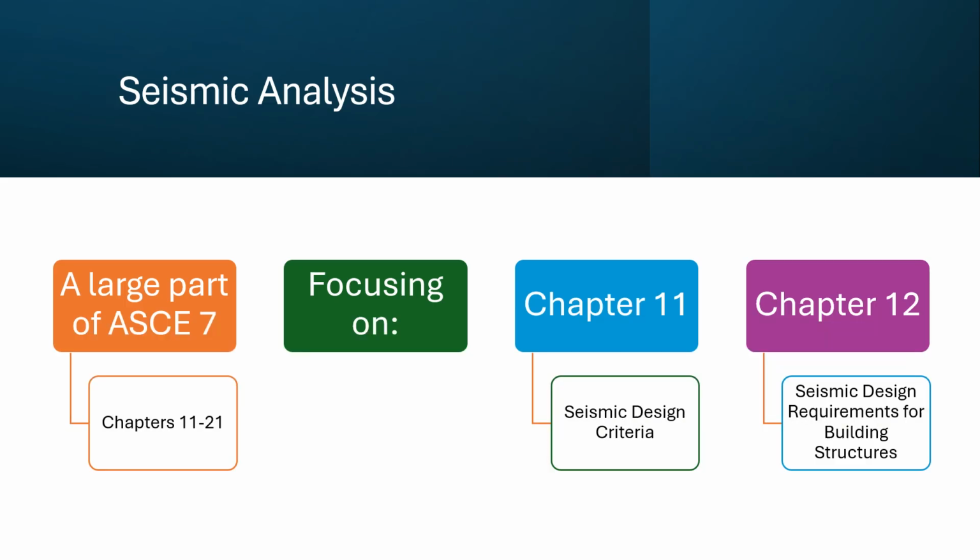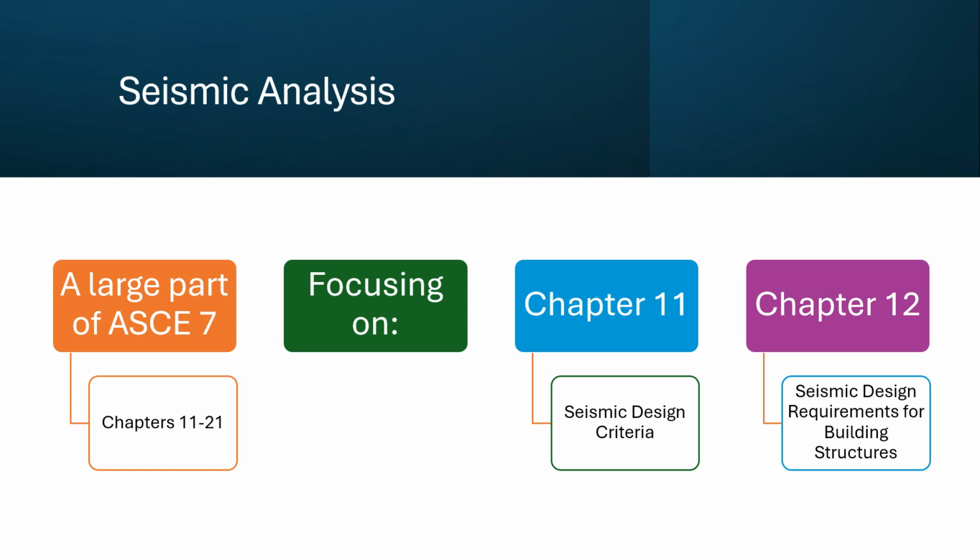So now that we've done our wind, let's move to the seismic analysis. And this is a very, very large part of ASCE 7. While you can piece it together, there are chapters 11 through 21 of ASCE 7 outlining different analyses and practices for seismic design.